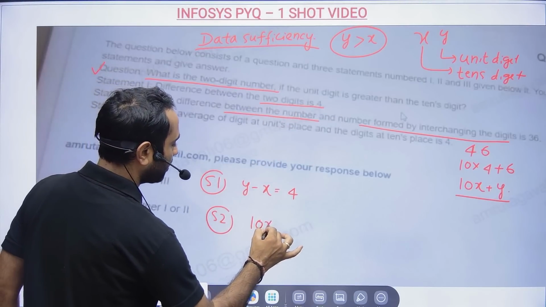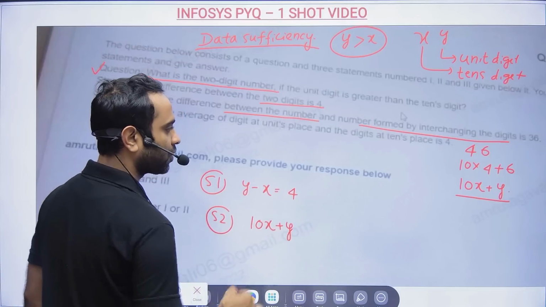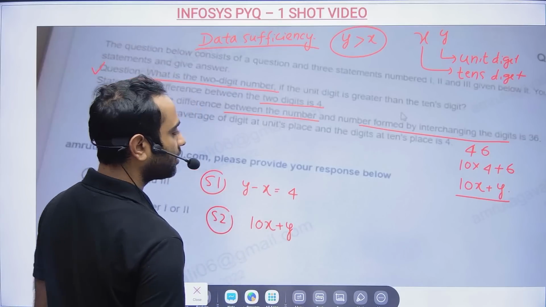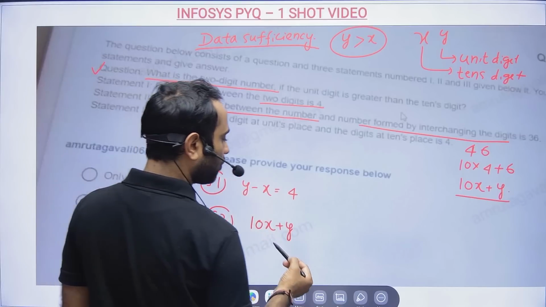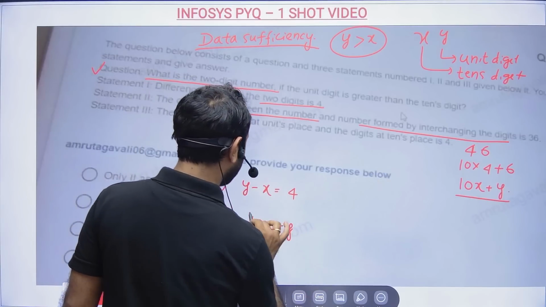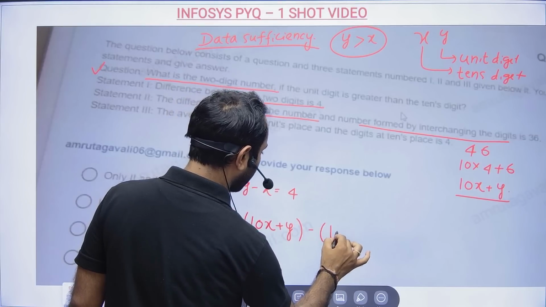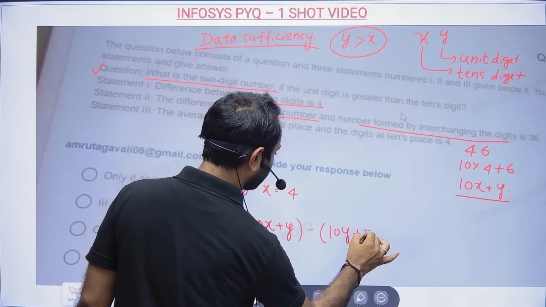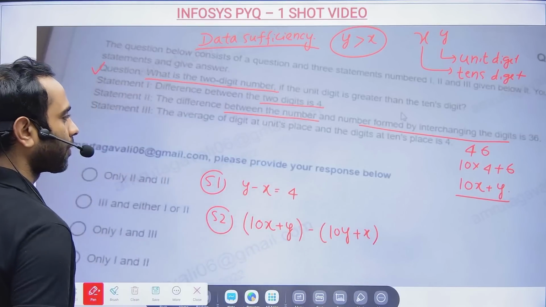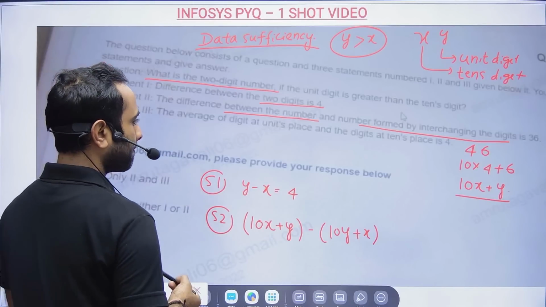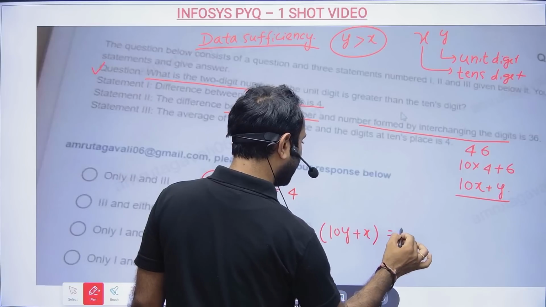So 10x plus y, and because this is greater, if we interchange, so 10y plus x. Cool. Now it will be equal to what?